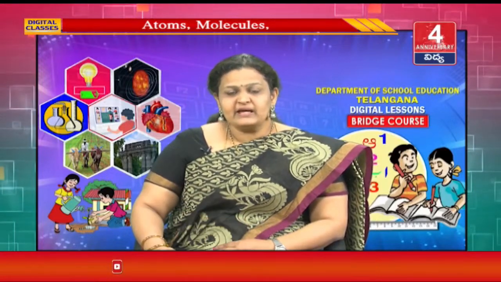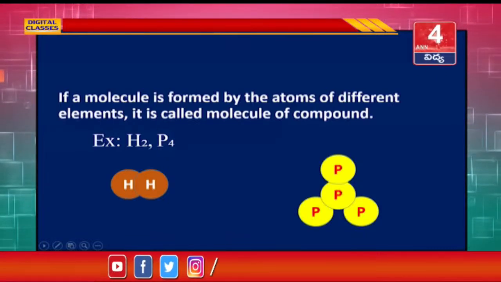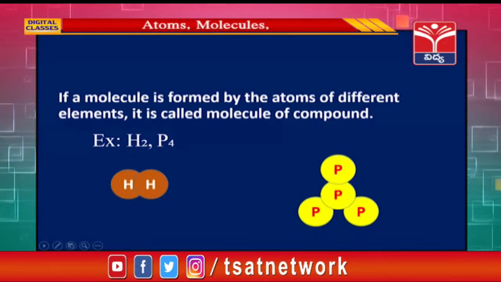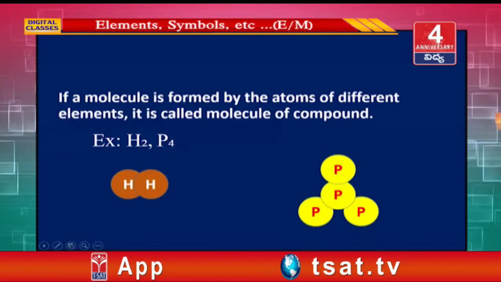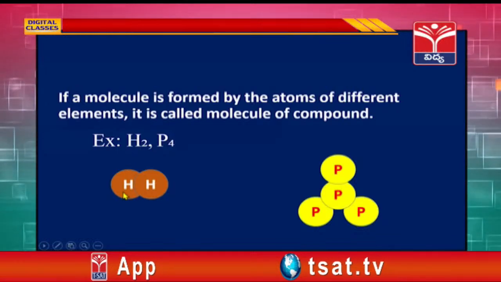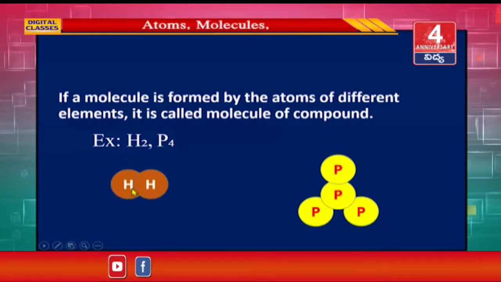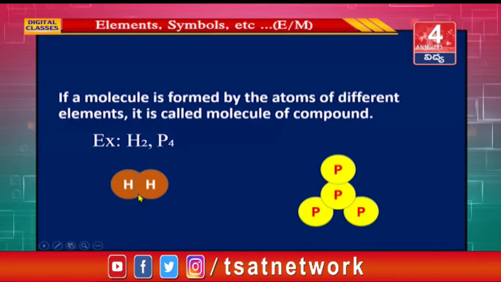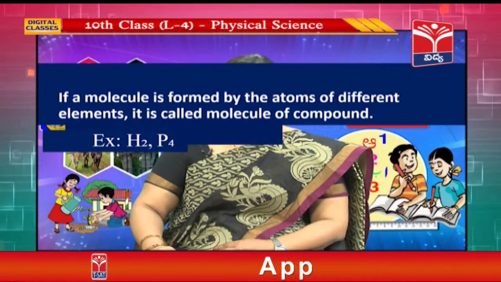Molecules can be two different things again. If a molecule is formed by the atoms of the same element, it is called a molecule of an element. Here, if you see the example of hydrogen, hydrogen gas is not a single hydrogen atom, children. It is formed by the combination of two hydrogen atoms which combine to form the molecule of hydrogen. Okay, children?